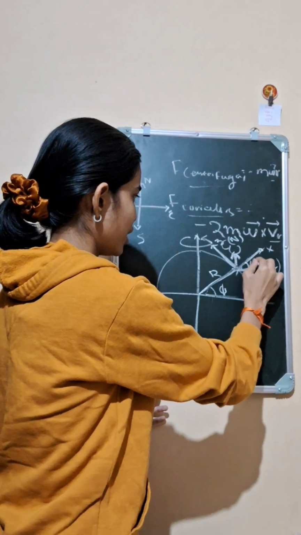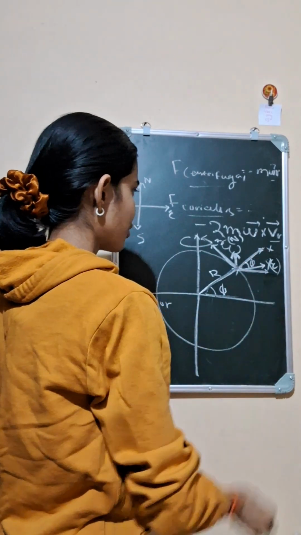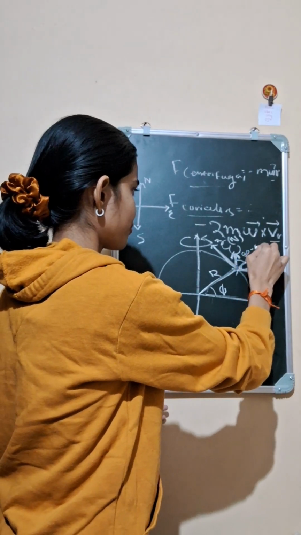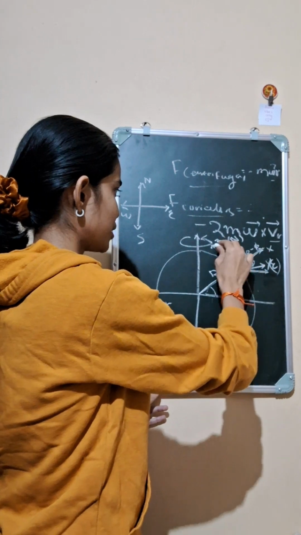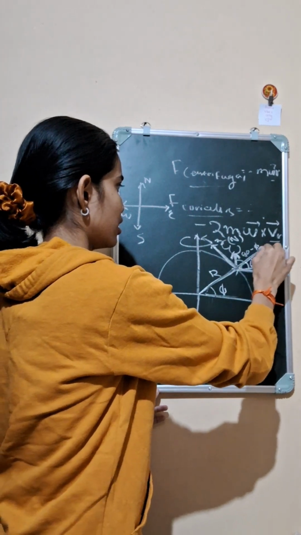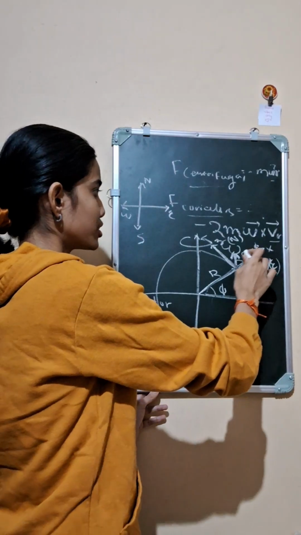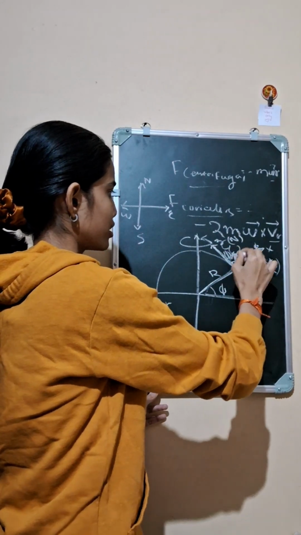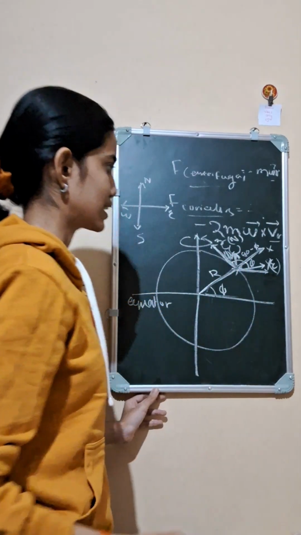This will be phi, and as this is phi, this angle will be 90 minus phi, right? And as this is 90 minus phi, and both x and z are perpendicular to each other, this angle will be phi, right? Omega makes an angle phi with the z axis.